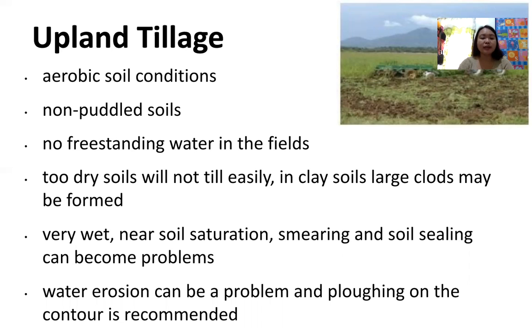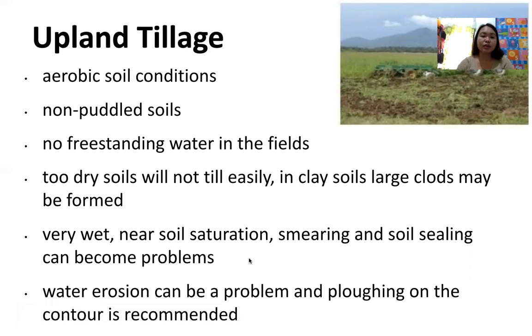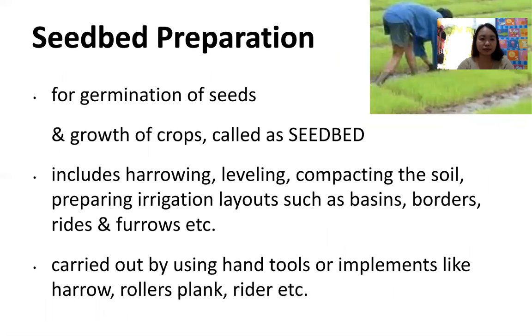If it's very wet, near soil saturation, smearing and soil sealing can become a problem. Water erosion can also be a problem, and plowing on the contour is recommended. I will be talking about the upland conservation system in the later part of this discussion.